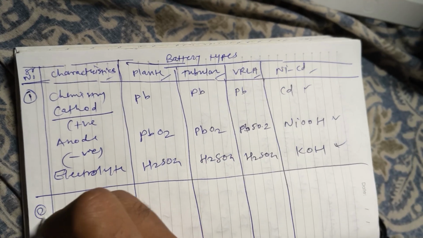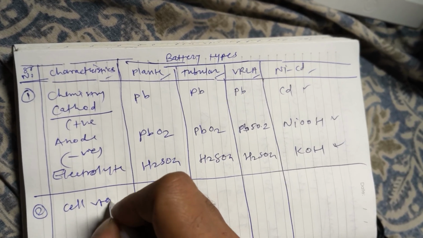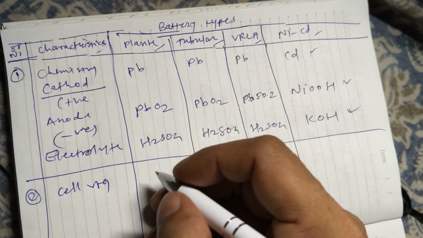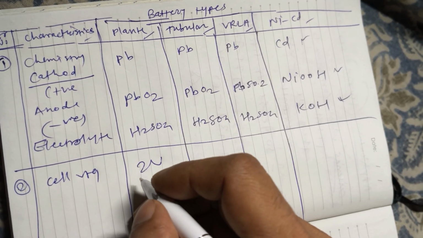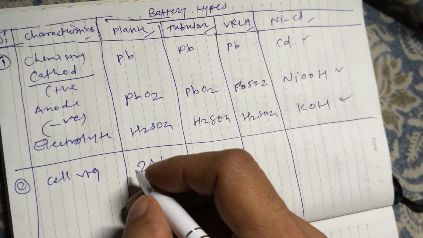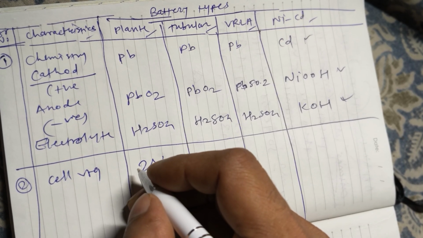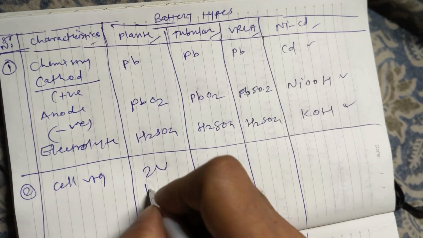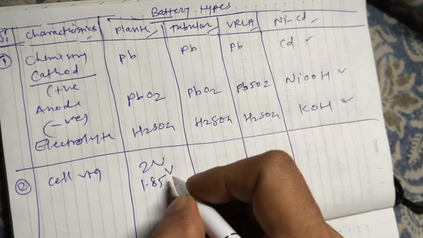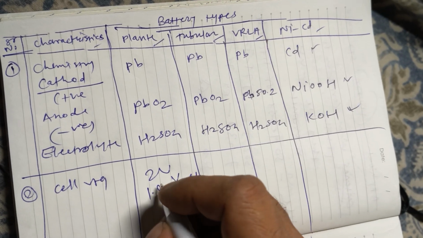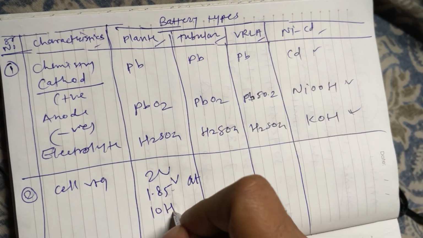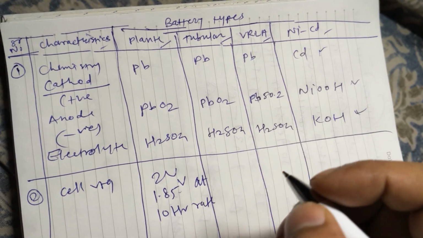Second is cell voltage. Cell voltage for plante type is 2 volt, and nominal end cell voltage is 1.85 volt at 10 hours rate, discharge rate.